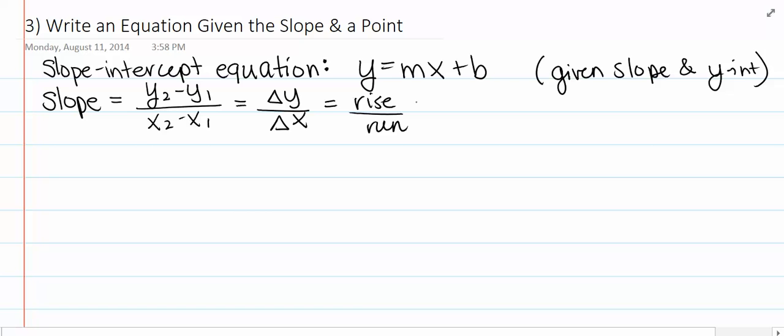The next important equation that we're going to be talking about today is called point-slope equation, or point-slope form, I think is usually how it's written, so I'll put it that way.